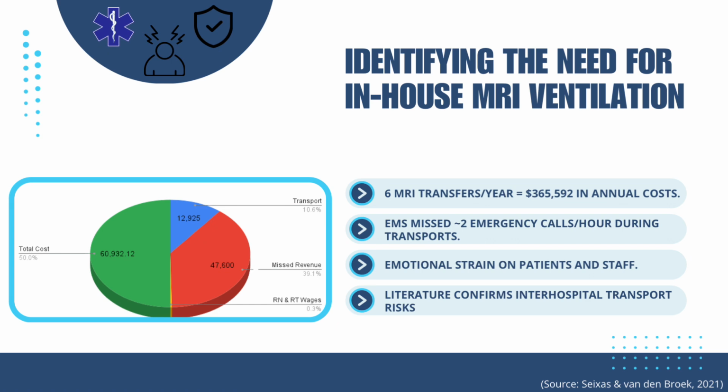Our pre-implementation use was about 6 of these transports per year, and I did calculations based on all of the missed revenue, the cost for the transports themselves, and the staffing hours.